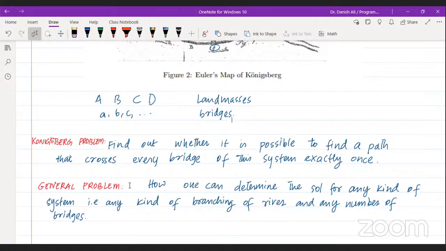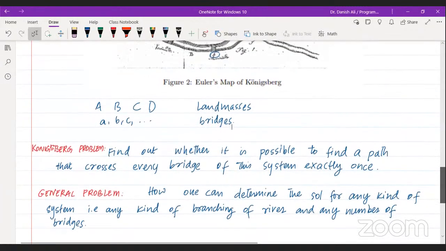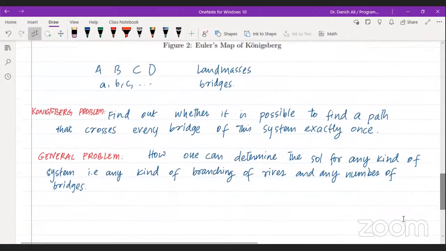So it seems that there will be some solutions for the Königsberg bridge problem, but maybe those solutions will not hold in the general case. So let's see.